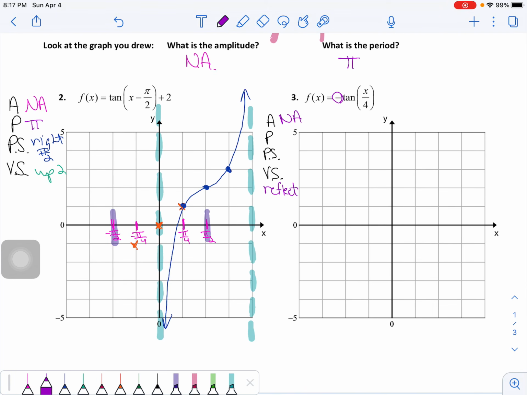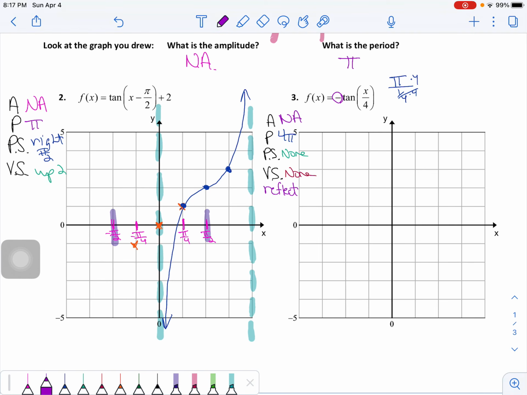So I'm going to write reflect to remind myself of it. Period here is going to be the normal period divided by 1/4. So that's going to be a period of 4 pi. Phase shift, none, and vertical shift, none.